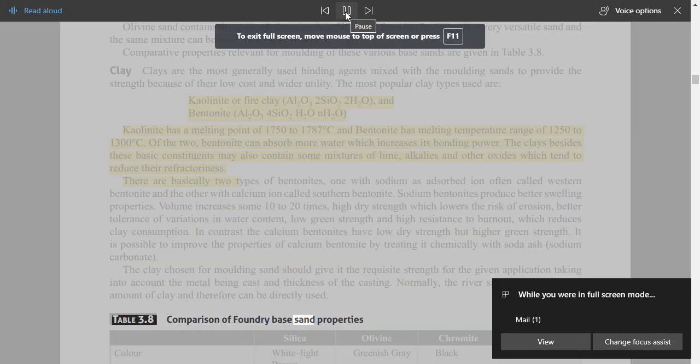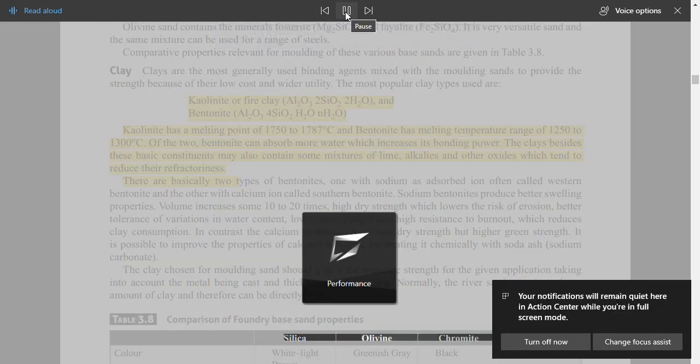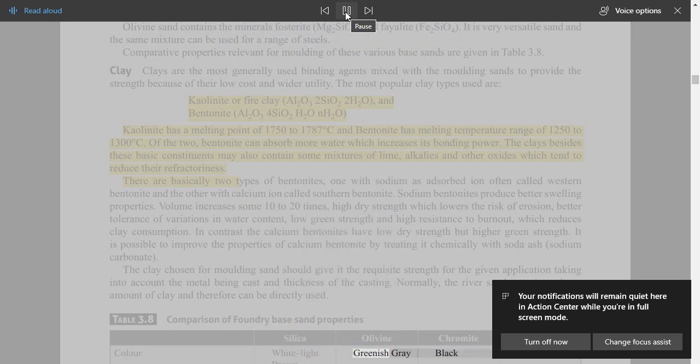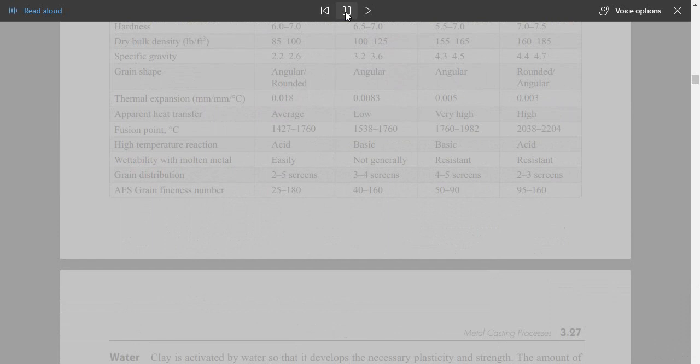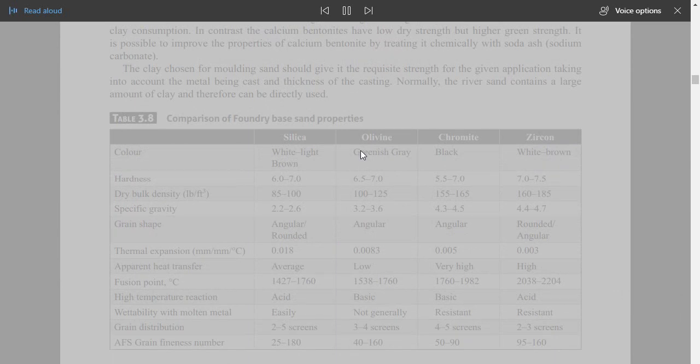3.8 Comparison of foundry base sand properties. Silica, olivine, chromite, zircon. Color: white, light brown, greenish gray, black, white brown. Hardness: 6.0 to 7.0, 6.5 to 7.0, 5.5 to 7.0, 7.0 to 7.5. Dry bulk density, lb/ft3: 85 to 100, 100 to 125, 150, 100.